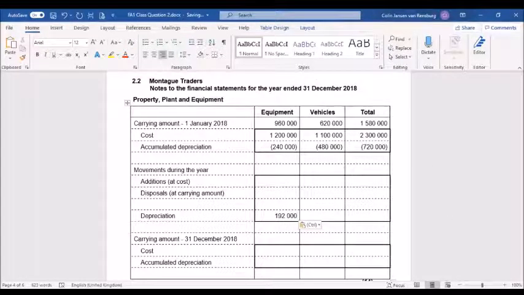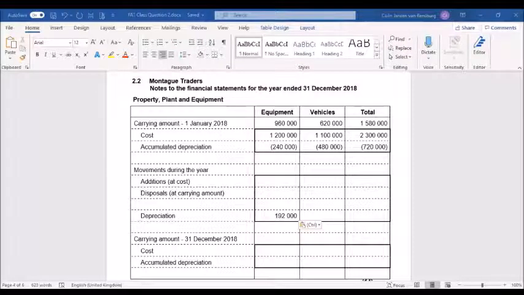Now, ladies and gentlemen, let's once again ask the question here. When it comes to the depreciation, does it increase our net carrying amount at the end of the year, or does it decrease our net carrying amount? You can type for me. Thank you, Leonardo.